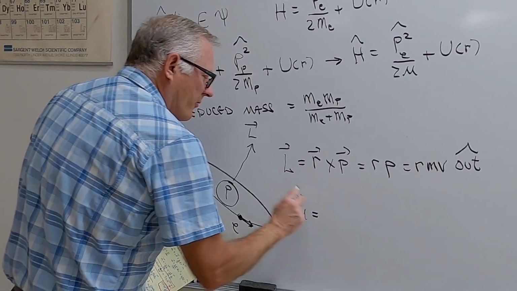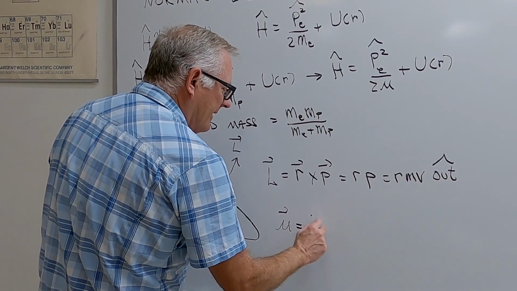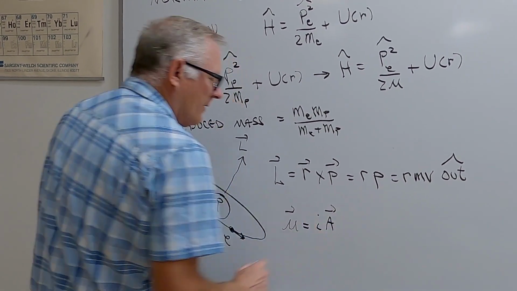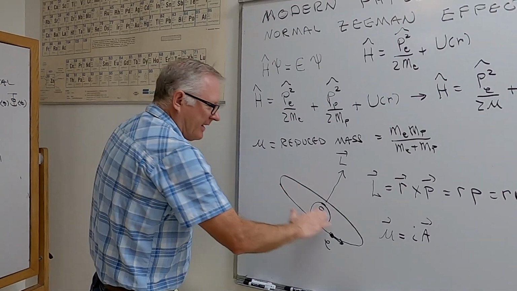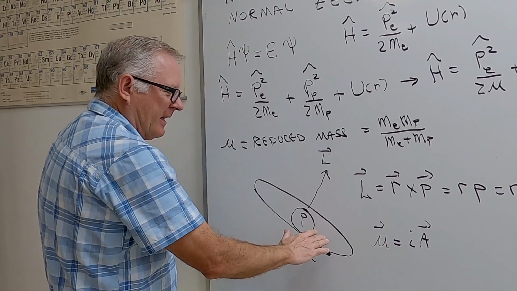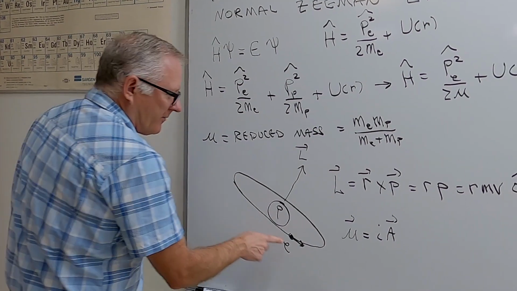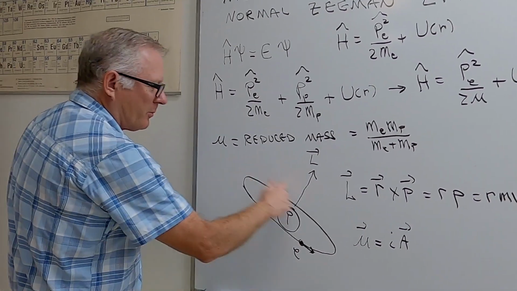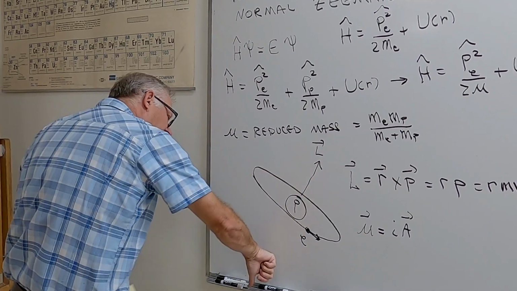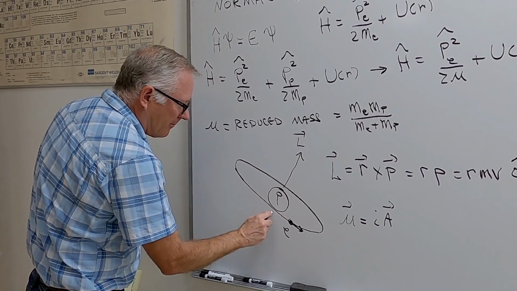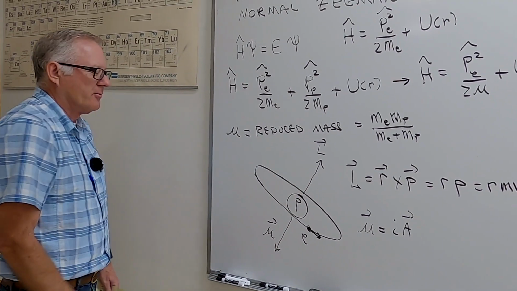From classical electromagnetism, this is defined as I times the area, where the area is perpendicular to this plane, and you run around the way the positive charges would go. If the electron's going this way, that's like a plus charge going around the other way. So if you run your right hand around, mu is actually going in the opposite direction of L.